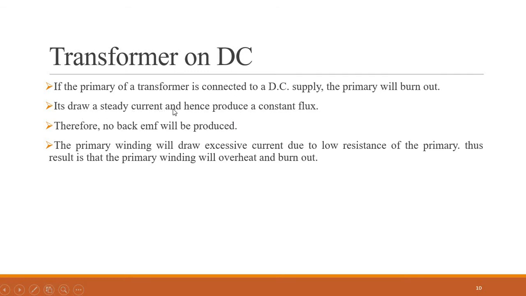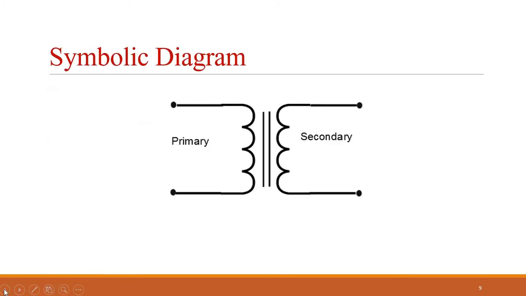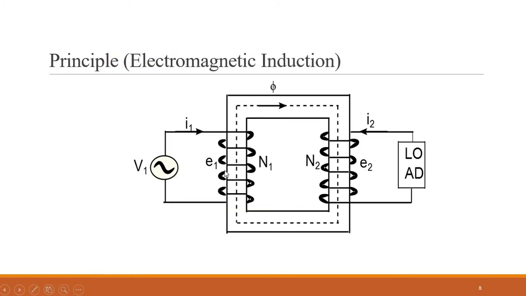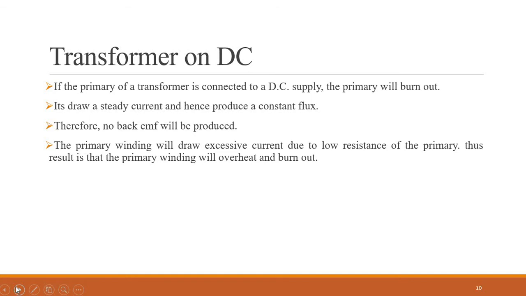It draws a steady current, hence produces constant flux, meaning no alternating flux will be there. There will be no back EMF produced. This E1 is the back EMF here. It protects the transformer winding from drawing very high current. So it prevents the transformer winding from burning out.